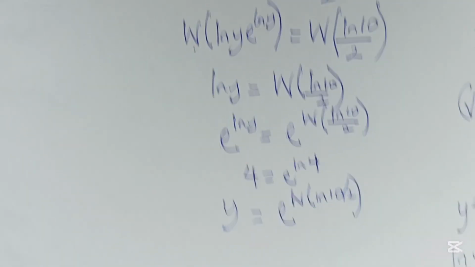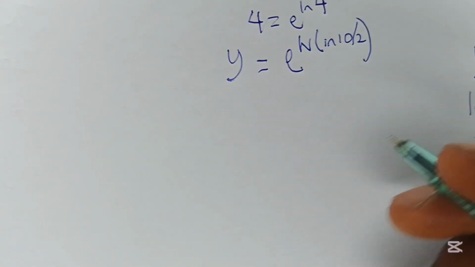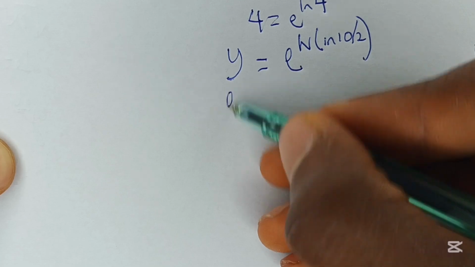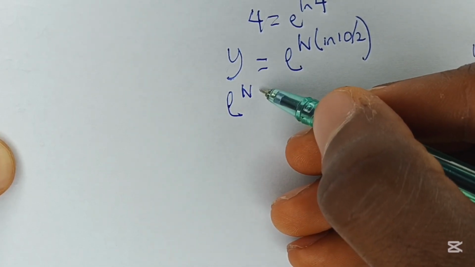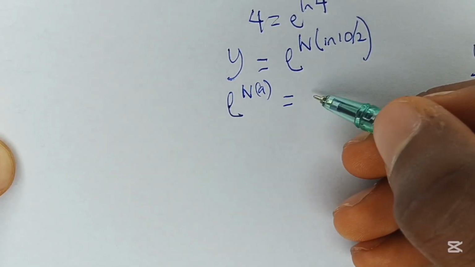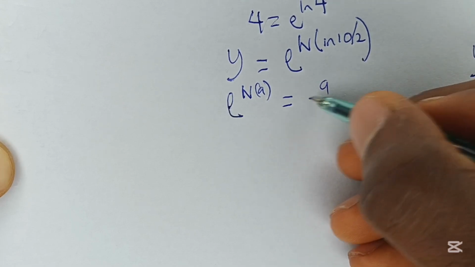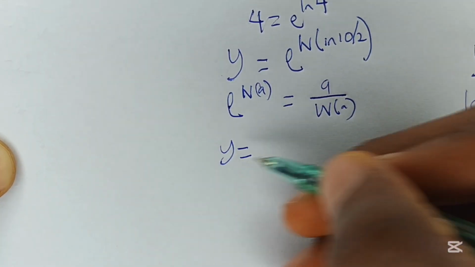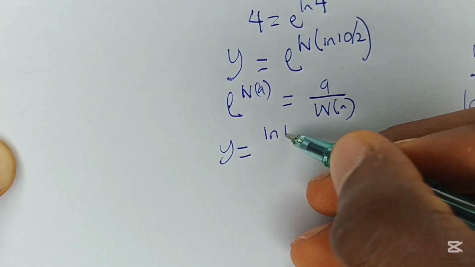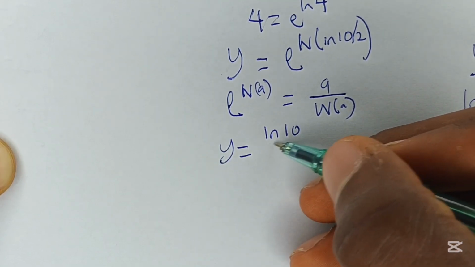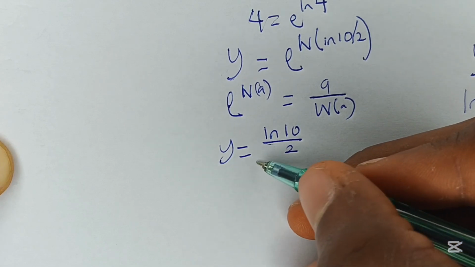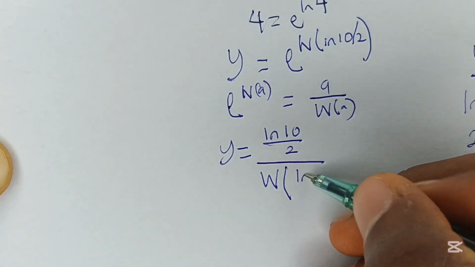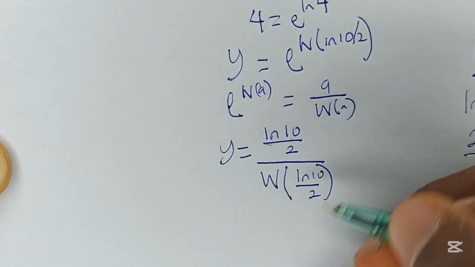Now, moving on from here, the law that we can use here is that e to the power of W of a is equal to a over W of a. So it means that y now will be equal to ln of 10 over 2 divided by W of ln of 10 over 2.